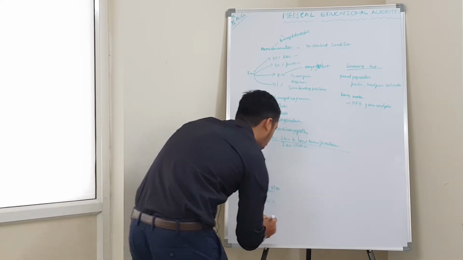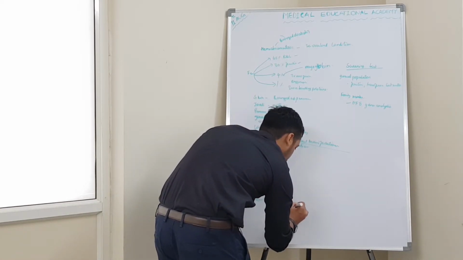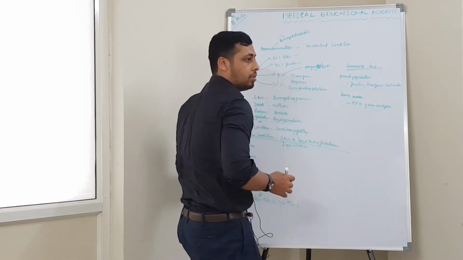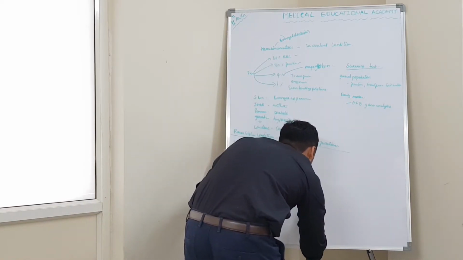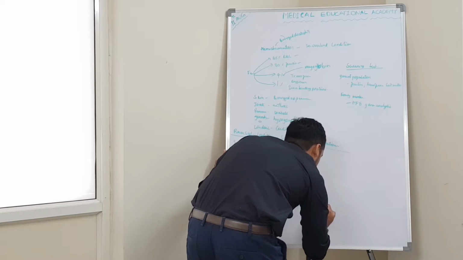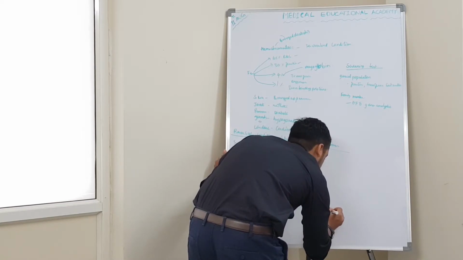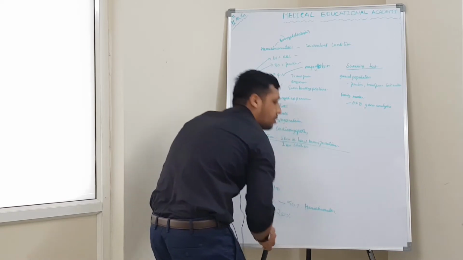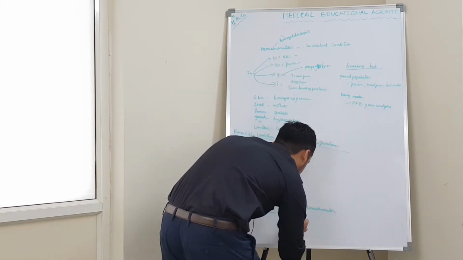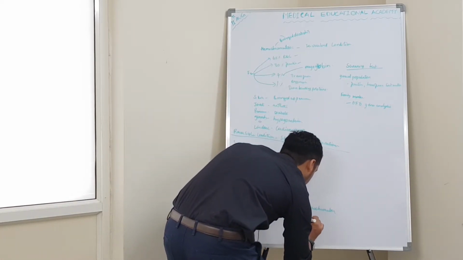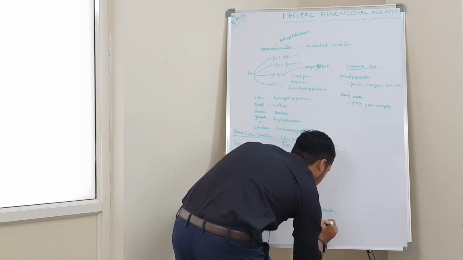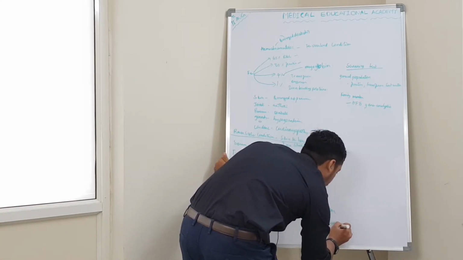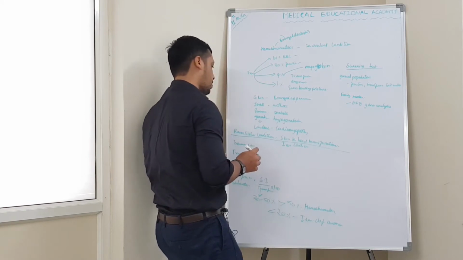If it is more than 50%, iron overload, hemochromatosis, right? If it is less than 20%, iron deficiency anemia. Right? So iron studies.